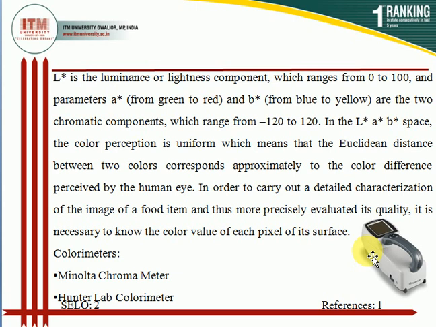These six colors are the basic colors, and these basic colors prepare all colors. So with the help of these basic colors, we can measure the color value of food. So this instrument is known as Hunter Lab color.